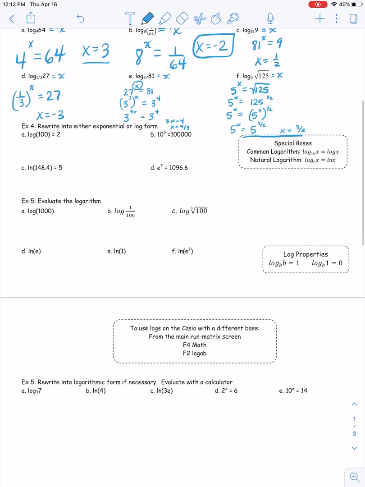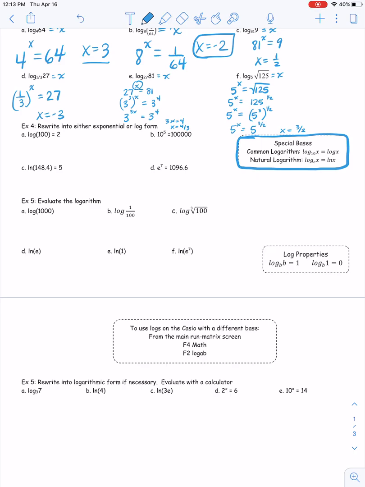We have special bases for logs and something called a natural logarithm. So the common log base is 10. It's always 10, okay? And if you were to just press the log button in your calculator, it is going to assume that you want that base of 10. Unless you specifically identify another base, if you just press log of some number, it's going to use a base of 10.